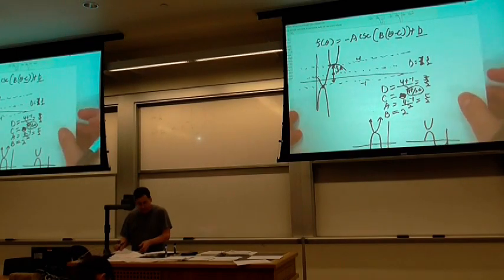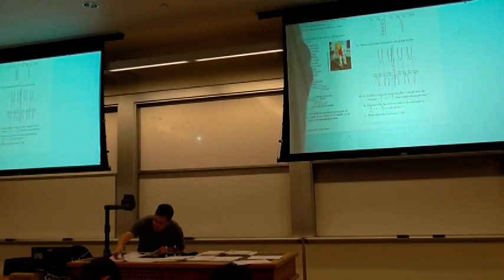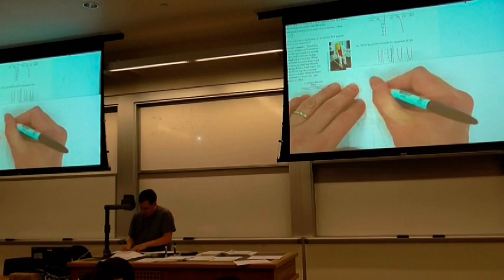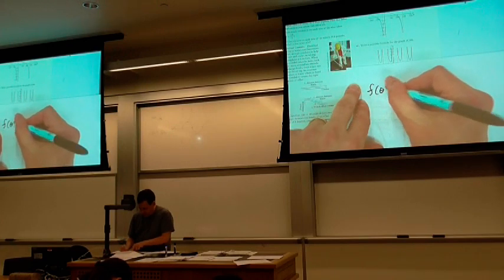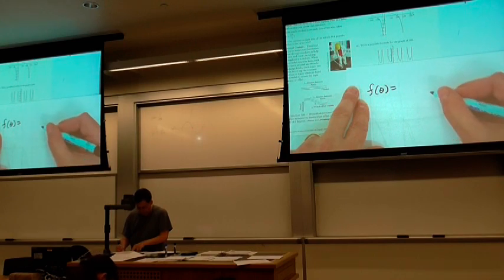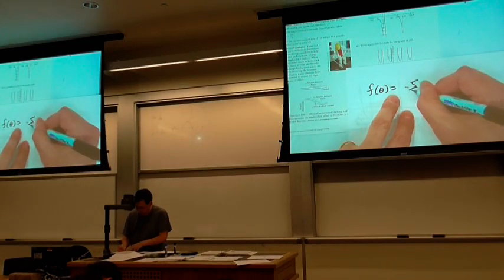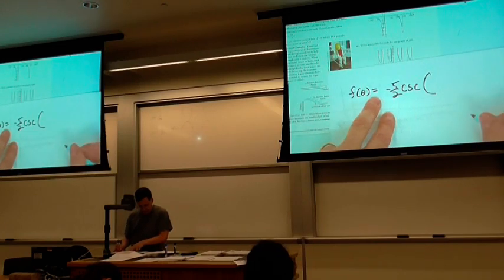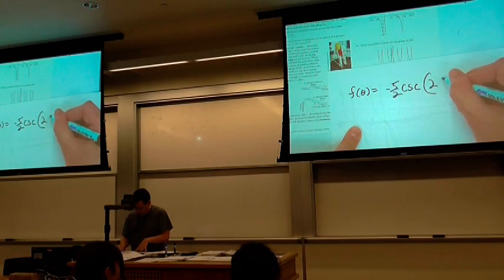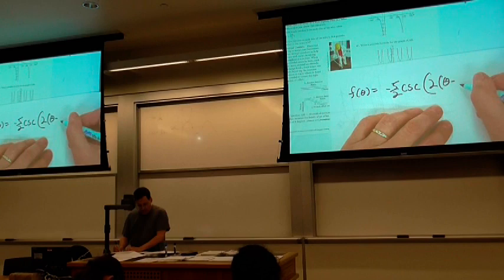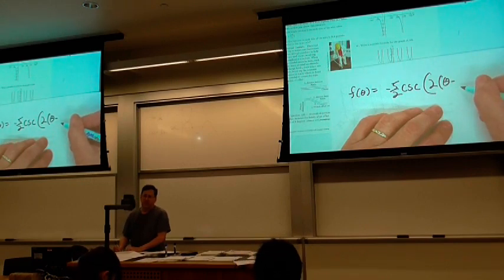All right, let's just write the answer, because it's always nice to see what the answer actually turns out to be. All right, so our function of theta is negative 5/2 cosecant of 2 times theta. Should we write that pi over 20 as degrees?